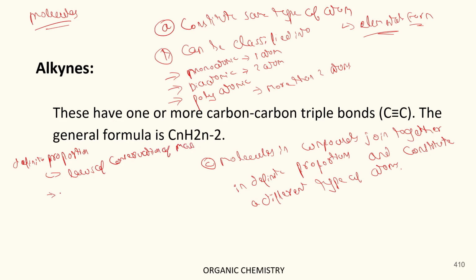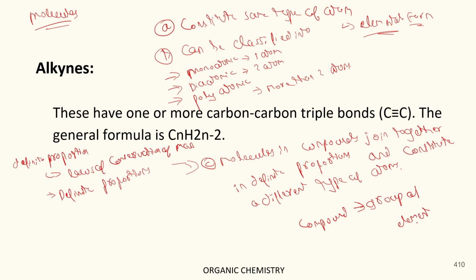Okay, and the second one was definite proportions. I hope you remember these laws. I had told you about them in these sessions, so these laws are basically implied in this situation. Like I have told you, a compound is a group of elements.